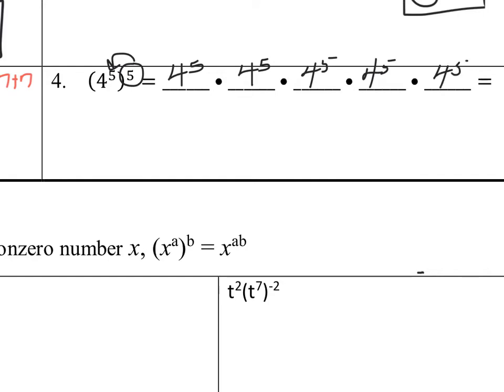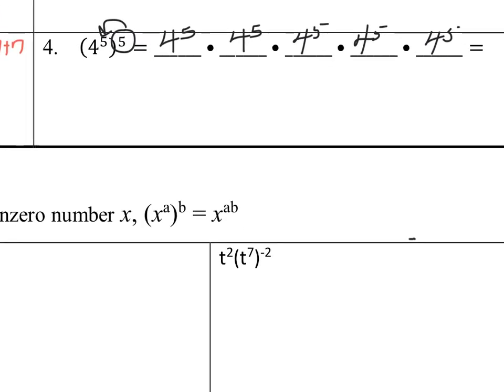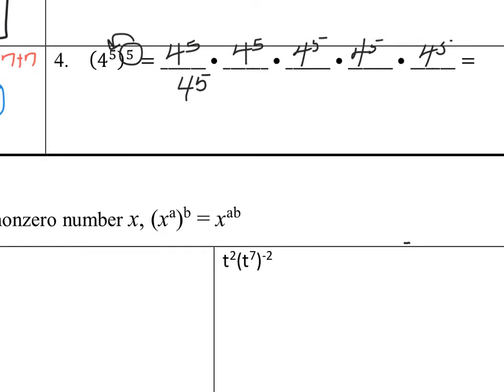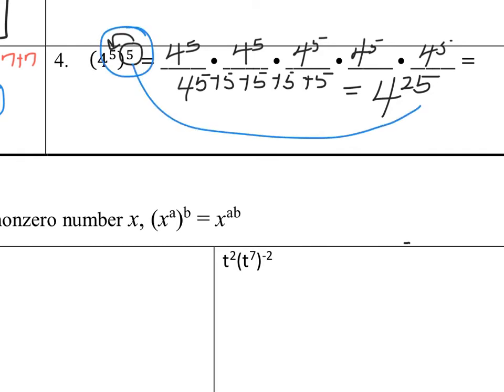And when we multiply those together, we keep the base, and we have to add 5 plus 5 plus 5 plus 5 plus 5, and we get 4 to the 25th power. So again, how do we get from here to here and skip the steps in the middle?